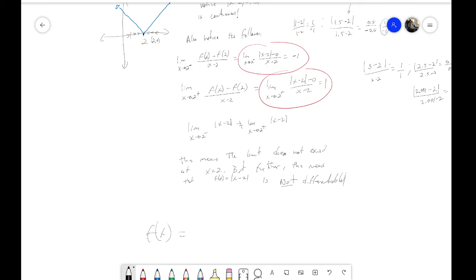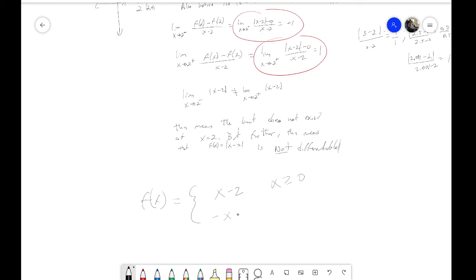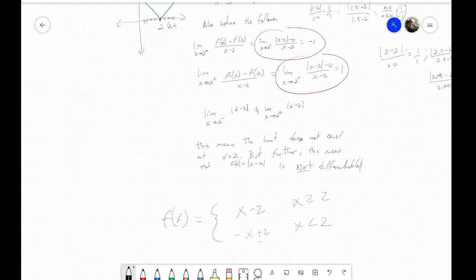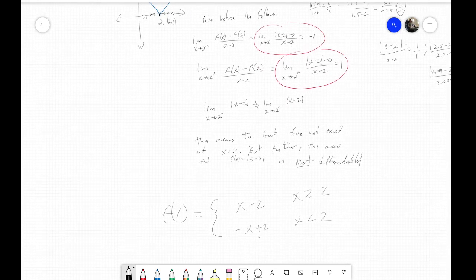You could define f of x to be, I'll have to think about it, I believe it's just x minus 2 for x greater than or equal to 2, and then minus x, I want to say plus 2, if x is less than 2. I have to check that, don't take my word for it.